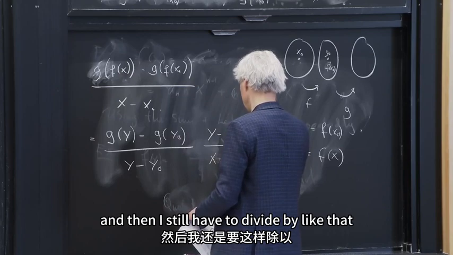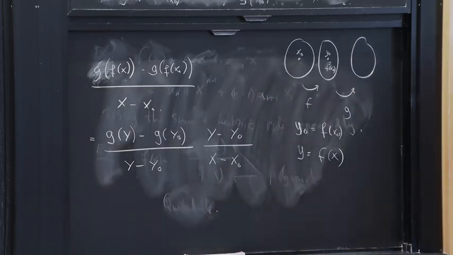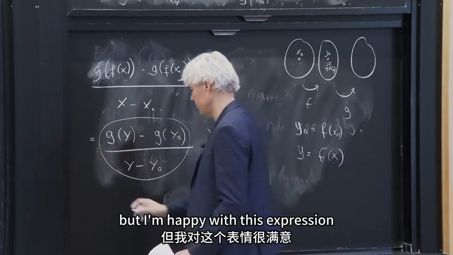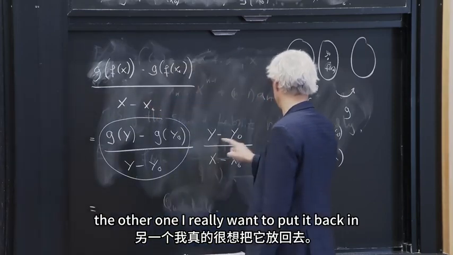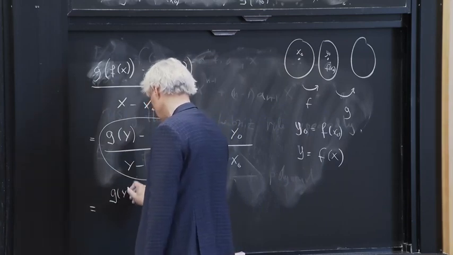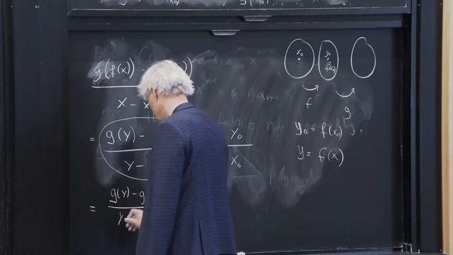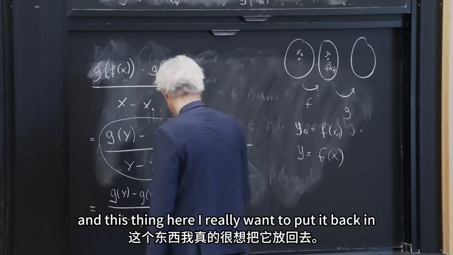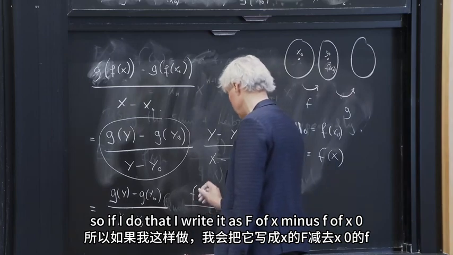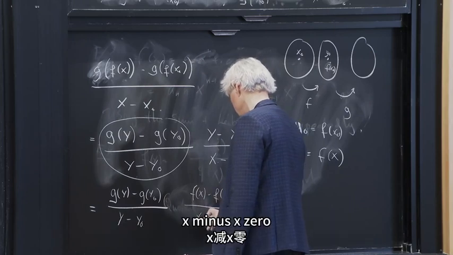And then I still have to divide by x minus x0. So I can write it like this. This here I'm happy with. The other one, I really want to put it back in terms of f. So I write it as f of x minus f of x0, over x minus x0.